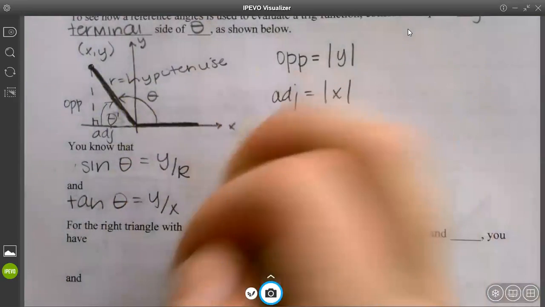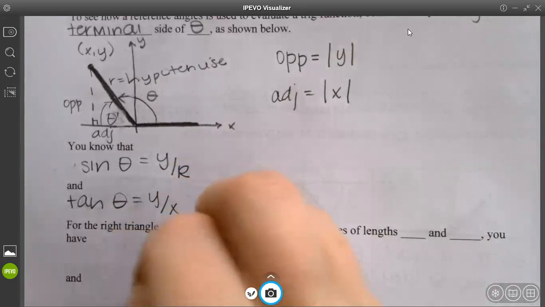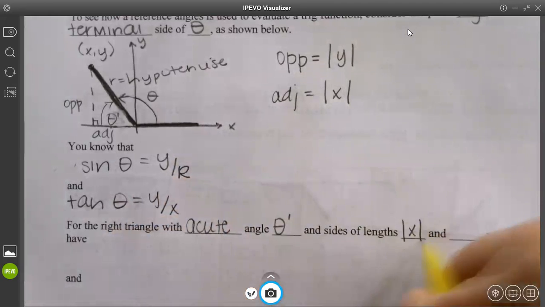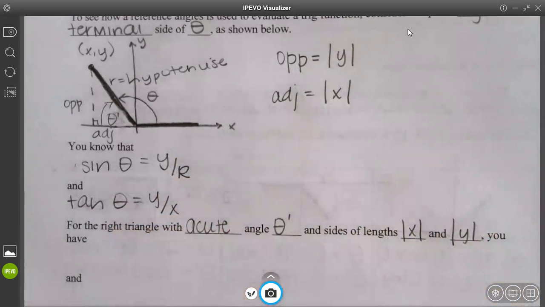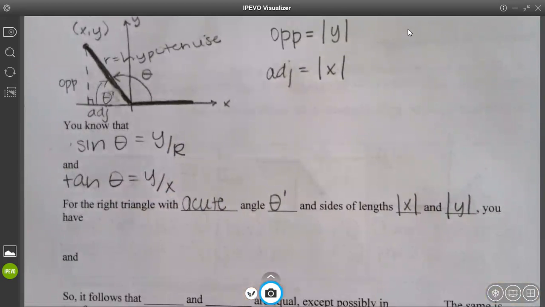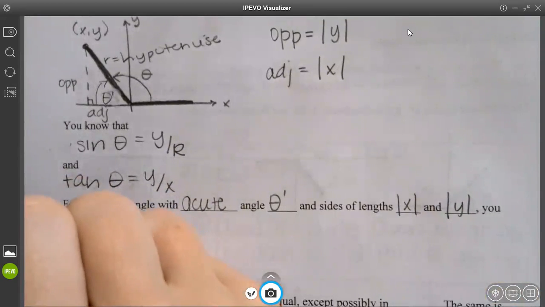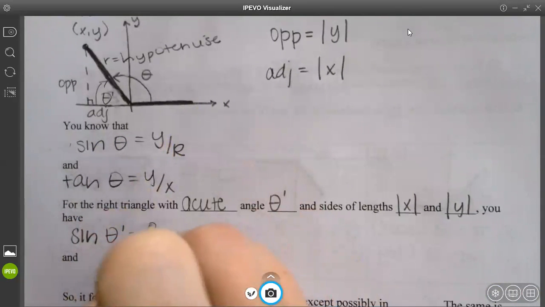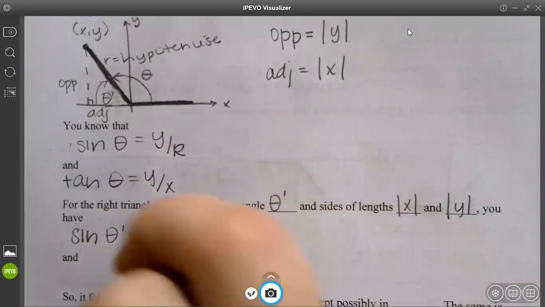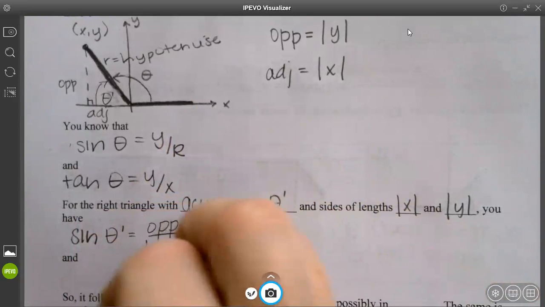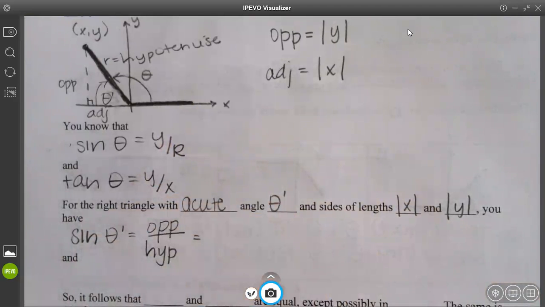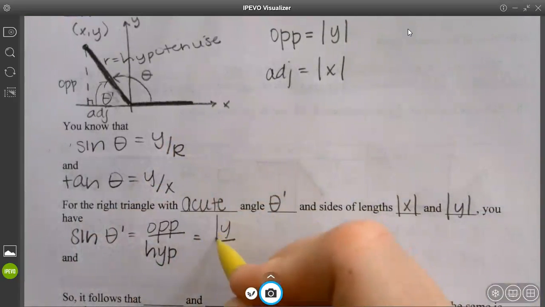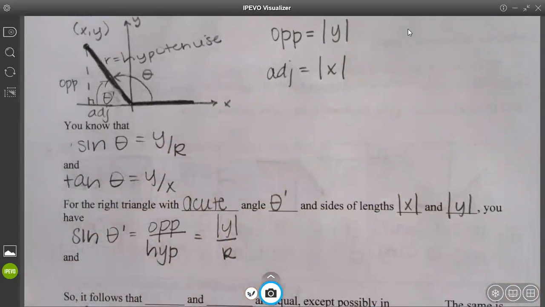For the right triangle with acute angle theta prime, and side lengths of absolute value of x and absolute value of y, you would have sine theta prime is going to be your opposite over your hypotenuse. Or the same thing that we've been doing. You're going to have y over r, but this time we're just putting absolute values on the y. That's it.